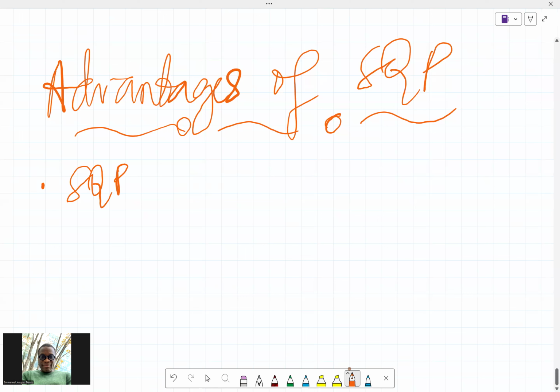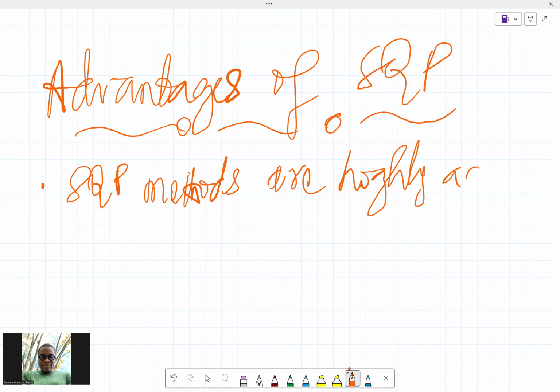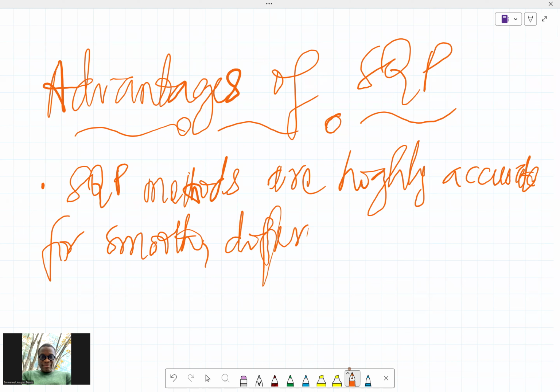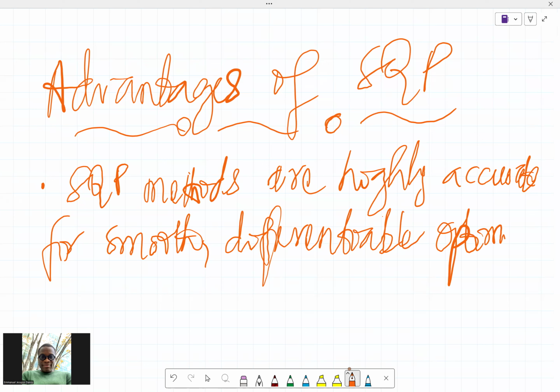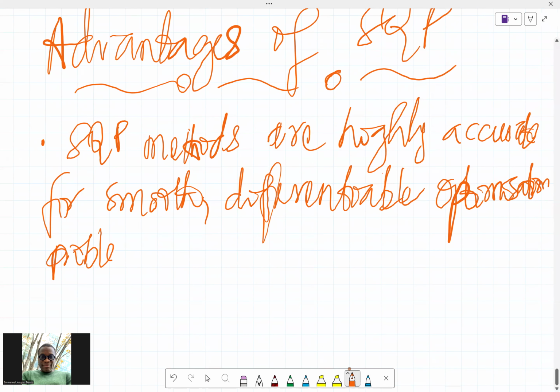But SQP takes care of problems that are more difficult than that. So SQP methods are highly accurate for smooth differentiable optimization problems with nonlinear constraints.